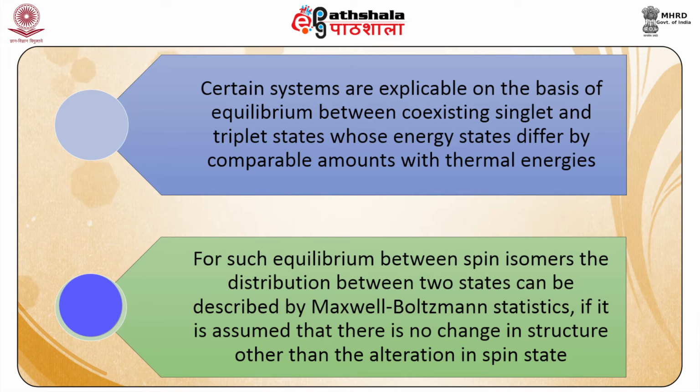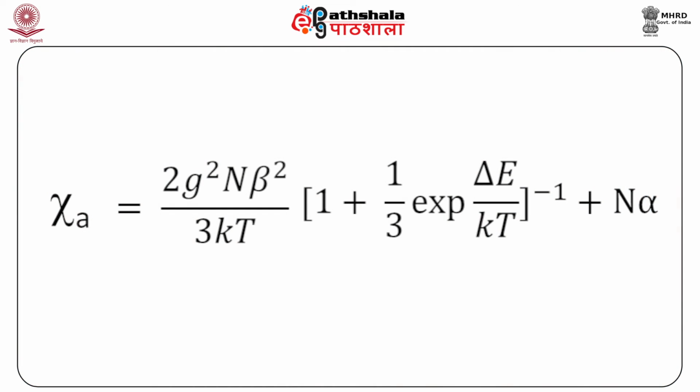If it is assumed that there is no change in structure other than the alteration in spin state, it has been shown that the magnetic susceptibility is given by the equation shown on the screen, where g is the Landé splitting factor, N is Avogadro's number, beta is the Bohr magneton, k is the Boltzmann constant, T is the absolute temperature, delta E is the energy separation between the singlet and triplet states, and N alpha is the temperature independent paramagnetism.